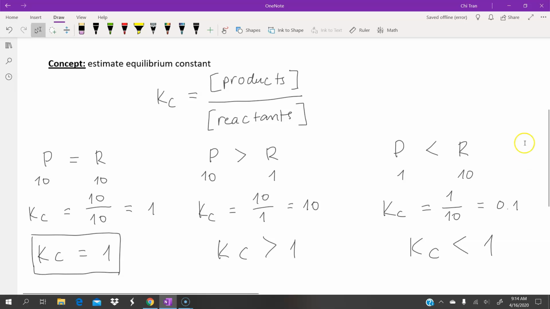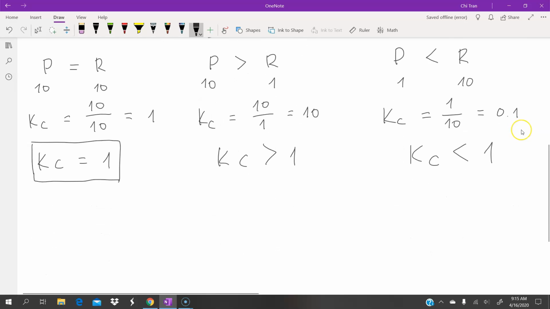And there are some scenarios where they tell us that there are significantly more products than reactants or significantly less products than reactants. That is when we write Kc will be much greater than 1, or Kc would be much lesser than 1.